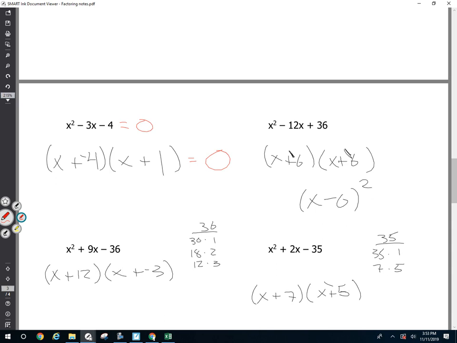Who can give me one value? Mr. Butterberg, give me a value that I can plug in to x to make this side 0. The left.